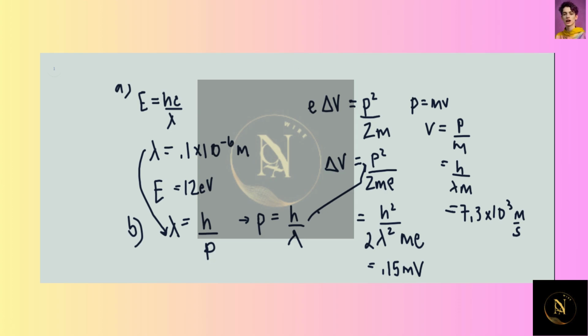Next, if protons were used, we just basically need to redo these calculations by changing the mass to 1.67 times 10 to the minus 27. I'll go ahead and do that, and maybe I'll put it on a separate page.